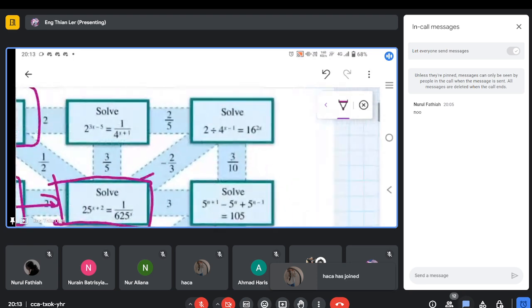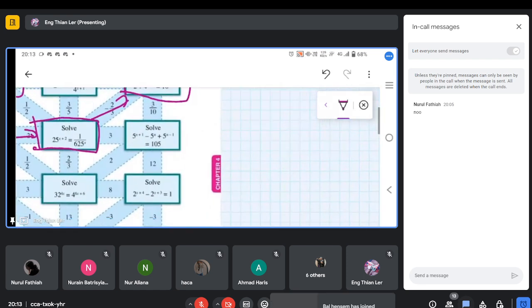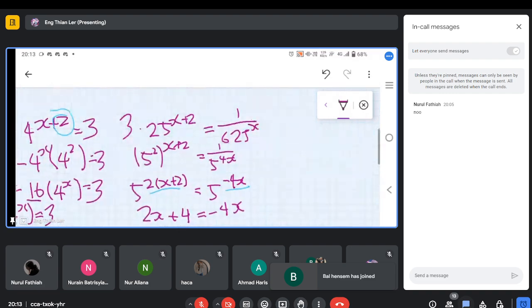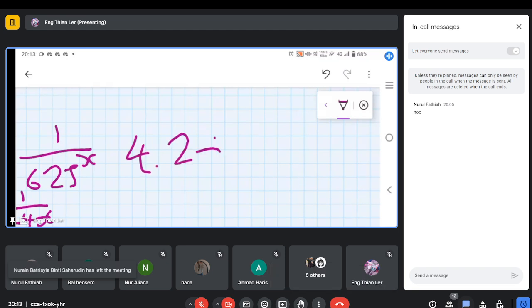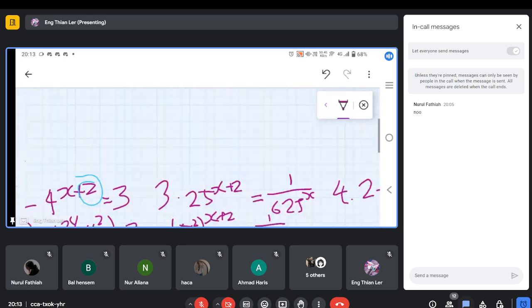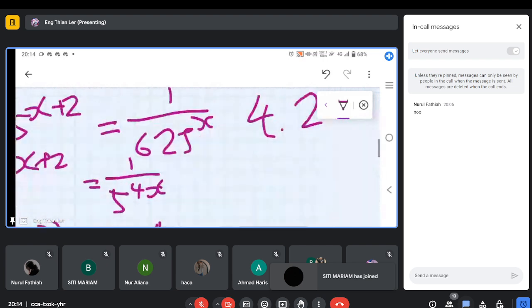Okay, so negative 2 over 3 goes there. So now we solve this: 2 divided by 4 to the power x minus 1, equal to 16 to the power of 2x.